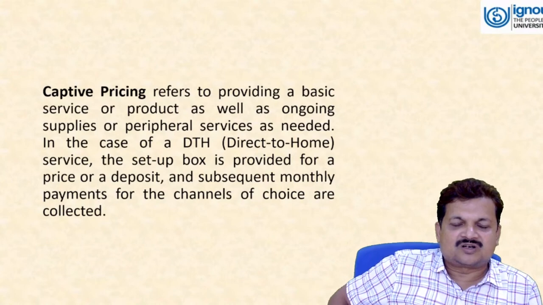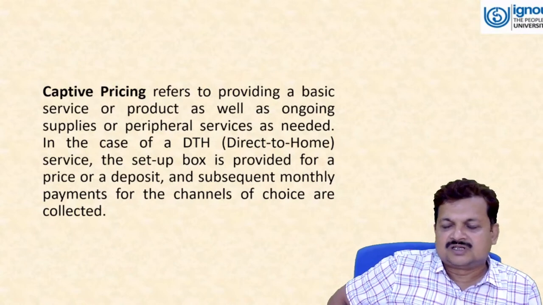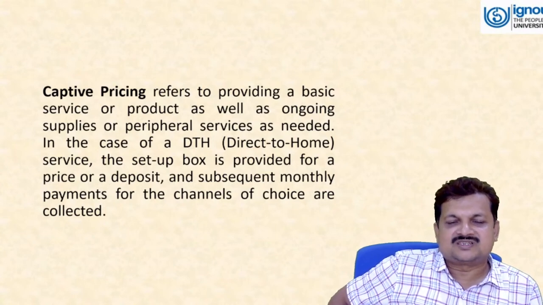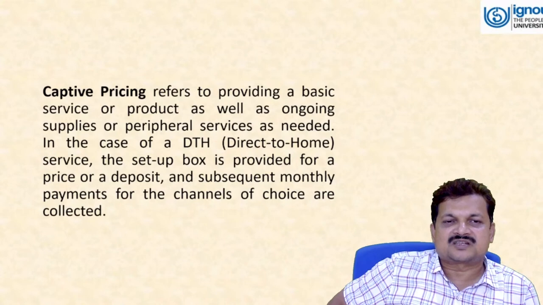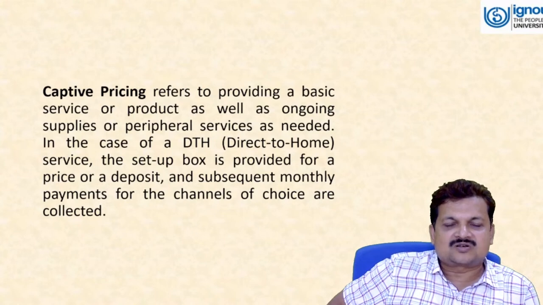There are different bundle charges: a South Indian package, a cricket package, a children's package, like that. N number of packages are there. So you may select one package where your preferences are equivalent to the preferences given by the DTH company. But in some cases, your preferences and the company's mismatch.